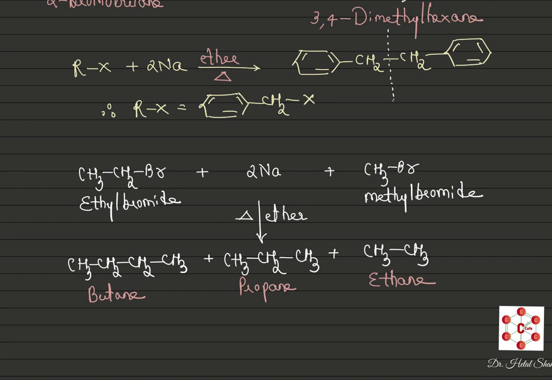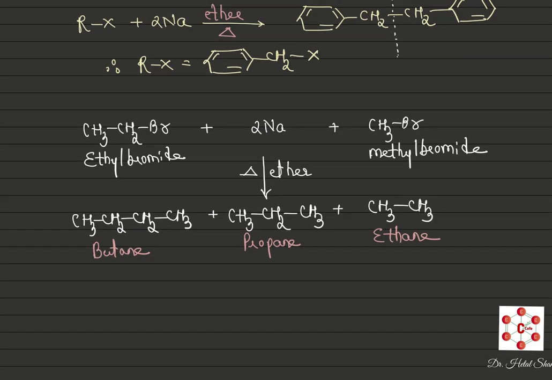If I intend to get pure propane, am I going to get pure propane? Never. In Wurtz reaction, it is not possible. So what is one of the biggest disadvantages of Wurtz reaction? One of the biggest disadvantages is that we cannot prepare an alkane with an odd number of carbons in pure form.